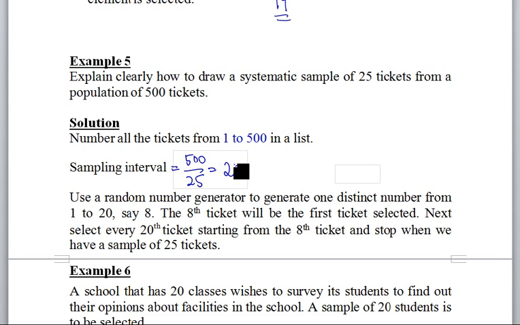That means now I use a random number generator to generate one number, any number from 1 to 20, say for example 8. Then after that I pick 28, 48, etc. until we have 25. You understand or not? This idea?